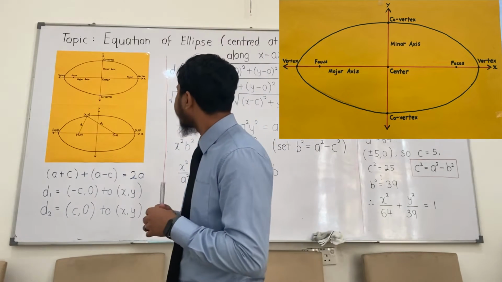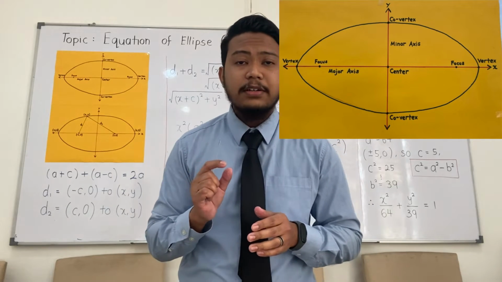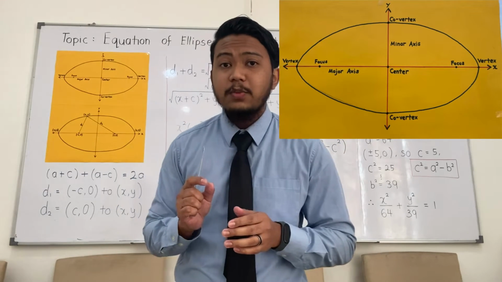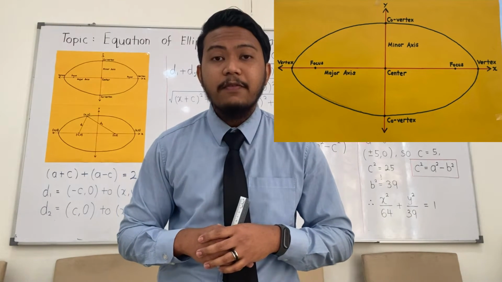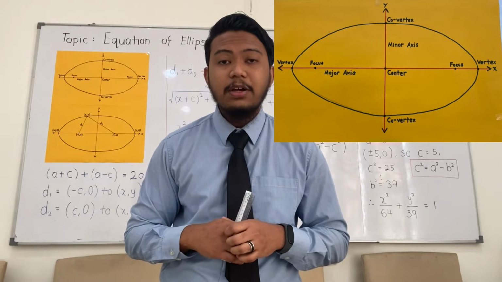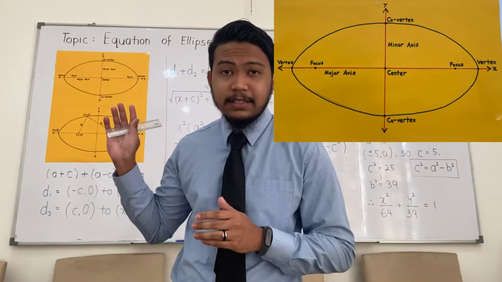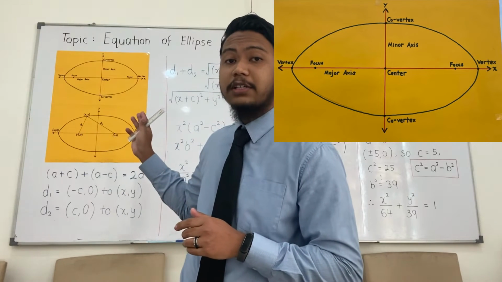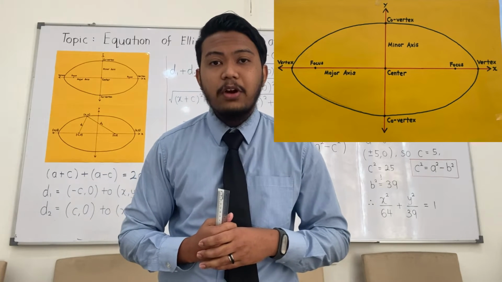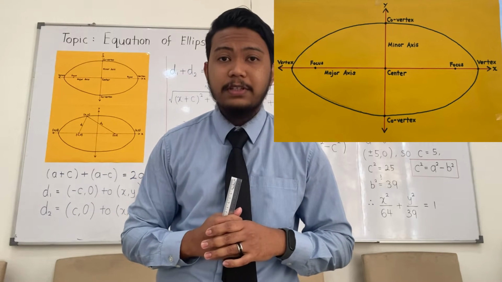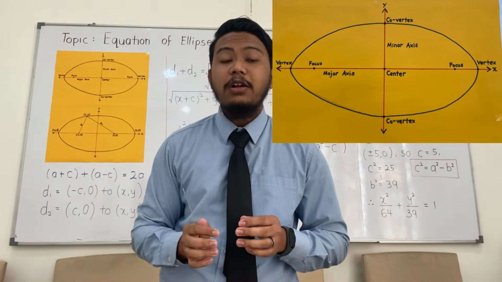Each endpoint on the major axis we call as vertex, or in plural vertices, of the ellipse. Next, each endpoint on the minor axis we call co-vertex of the ellipse, or in plural co-vertices.